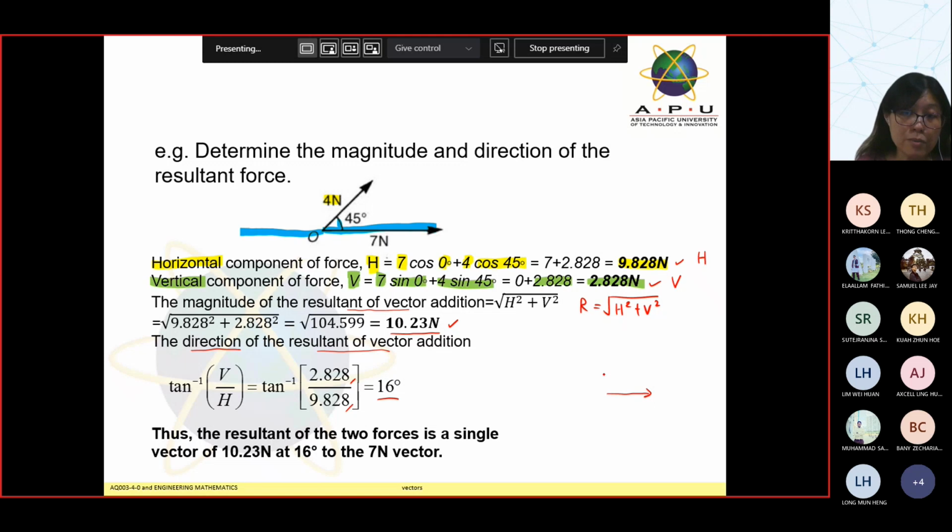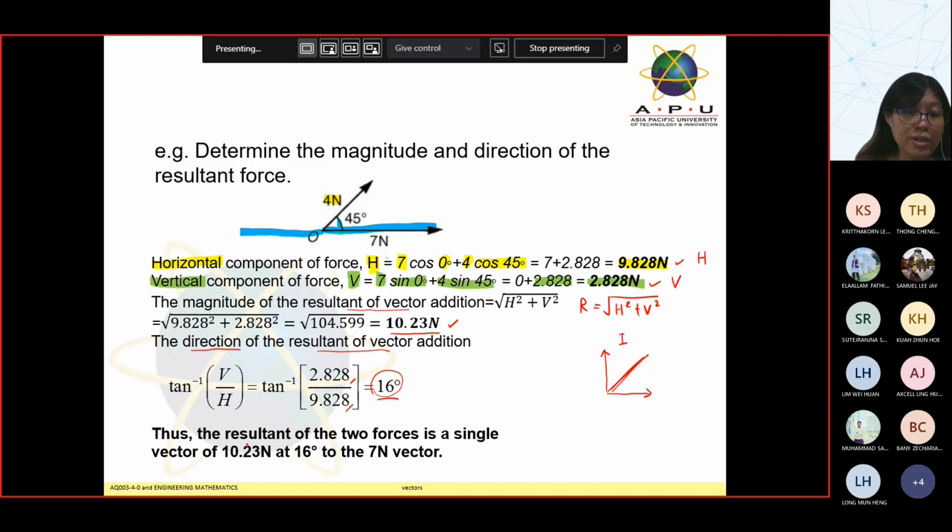If your vertical is positive, it means towards this direction. So where is the resultant? The resultant vector will be here. That means in the first quadrant, and the angle you found is 16 degrees, so that is the angle.